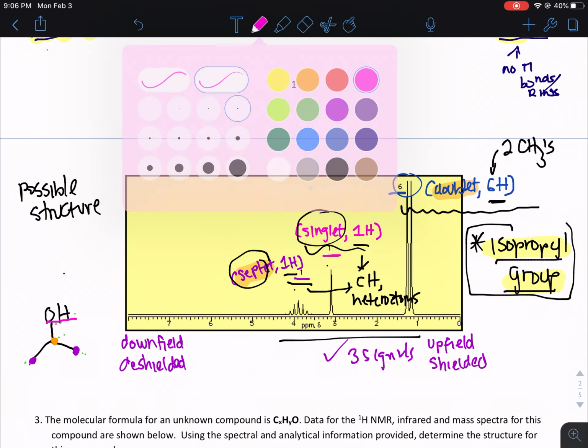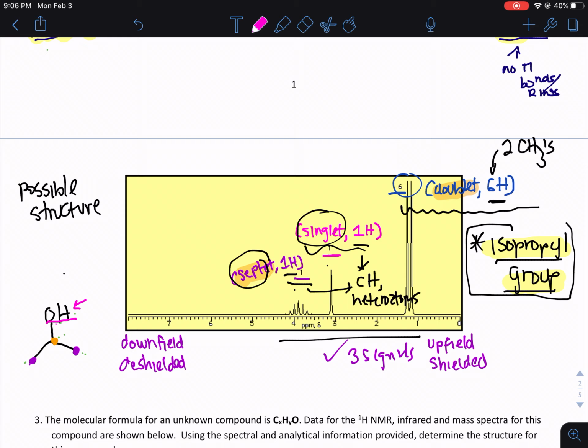So the next thing you want to check is that for this OH, we know it's going to be a singlet because it's a heteroatom that's attached to a proton, and we know that there's only 1 hydrogen of that type. Okay, so let's look at this one right here. It's adjacent to this CH3 and this CH3. The reason why I'm not counting this OH is because heteroatoms don't split the adjacent atoms.